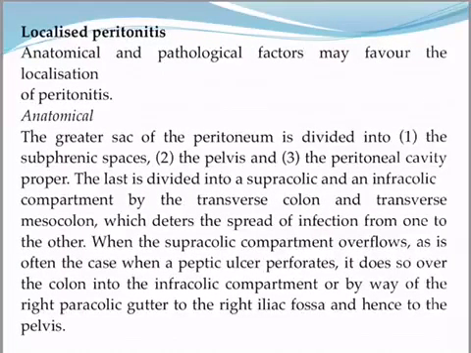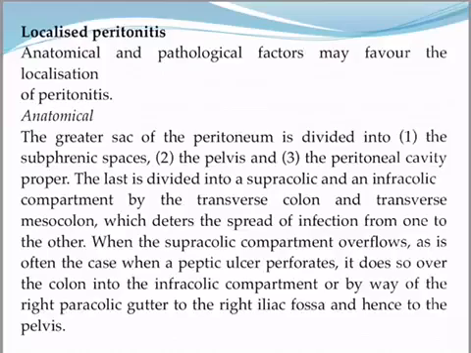As we said in the beginning of our lecture, the peritonitis is either localized or generalized. There are special defense mechanisms in the peritoneal cavity that favor localization of peritonitis and sometimes favor diffusion of peritonitis.